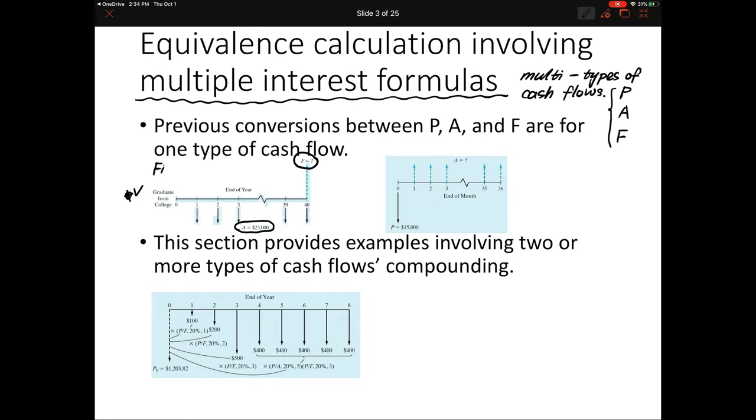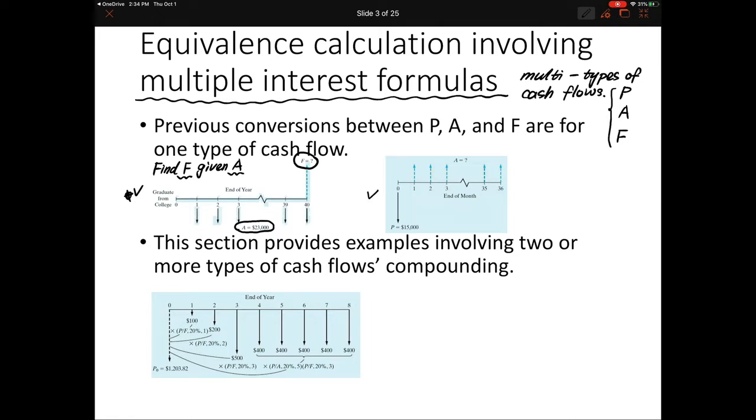So what you want to do is to find F given A, okay? And you can see that you always deal with a single type of cash flow, okay?